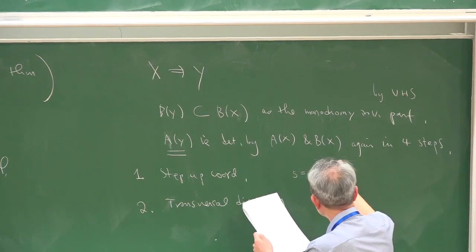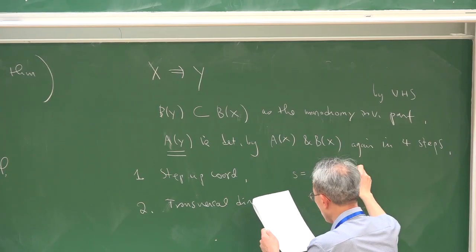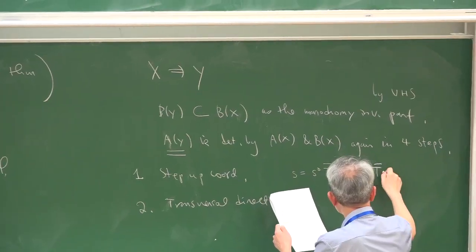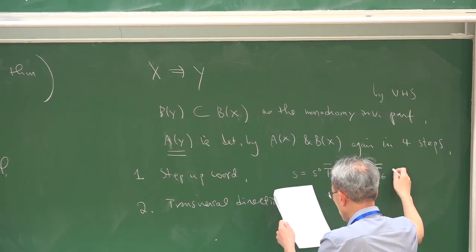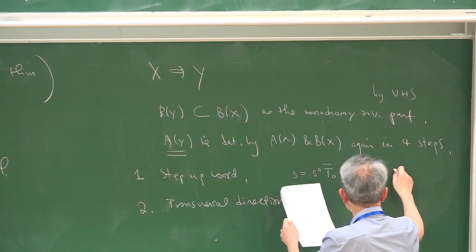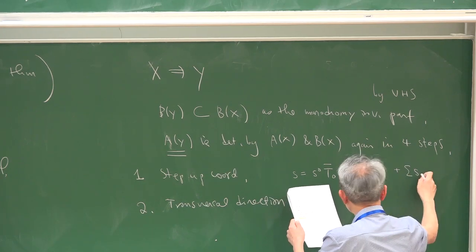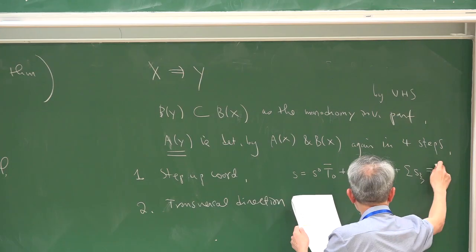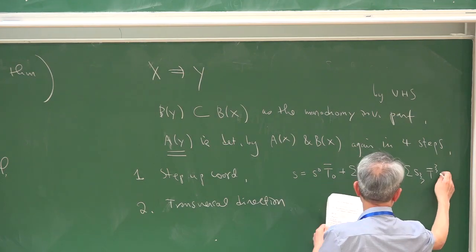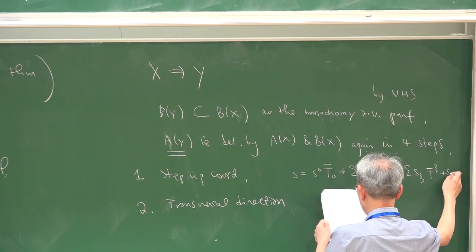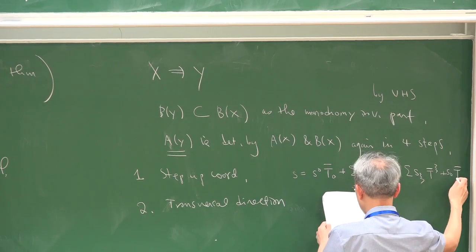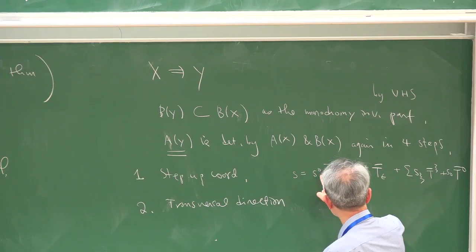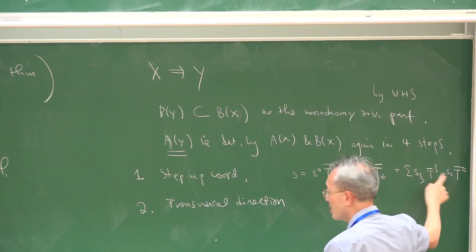P bar 0 plus S epsilon P bar epsilon and plus S C and T bar C and plus S0 T bar 0. Notice the index some are upper, some are lower.